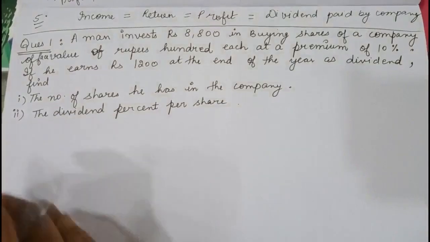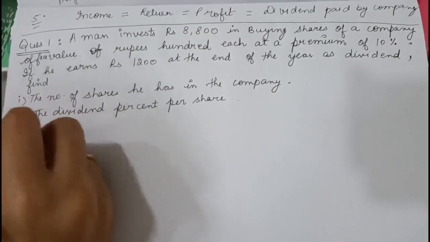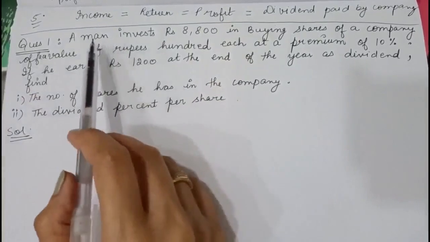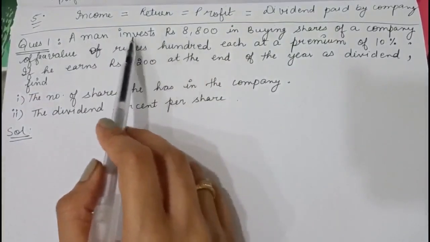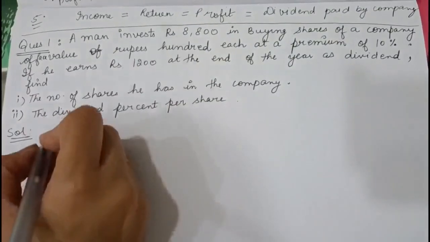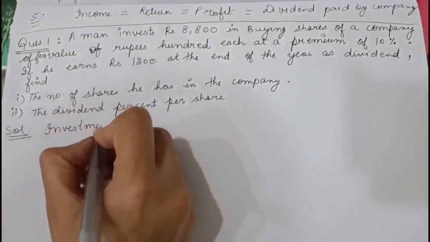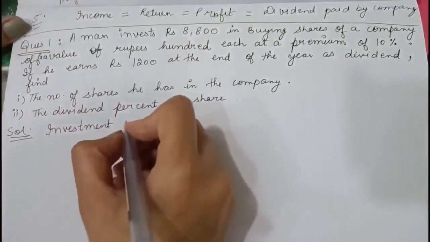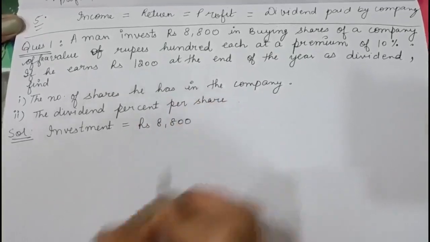First of all, when we are doing any question, we will write the given things. In this question, what is given to us? A man invests rupees 8,800. So if a man is investing, that means investment is given to us. I'll write here investment is equal to rupees 8,800.